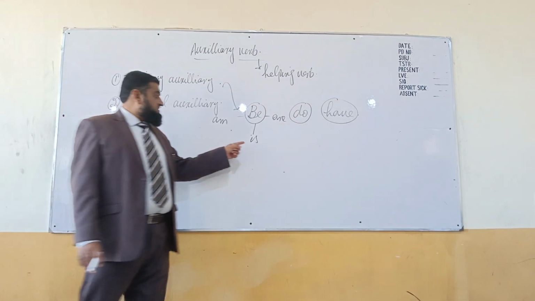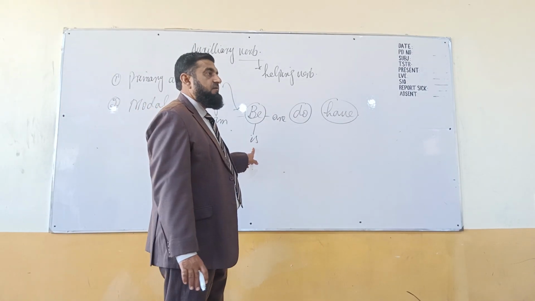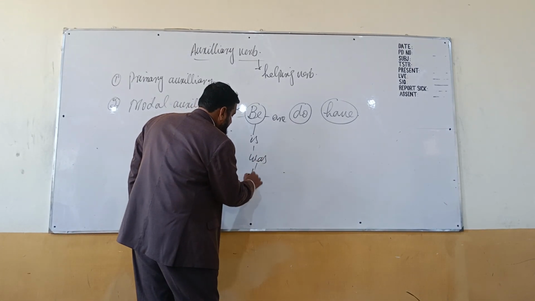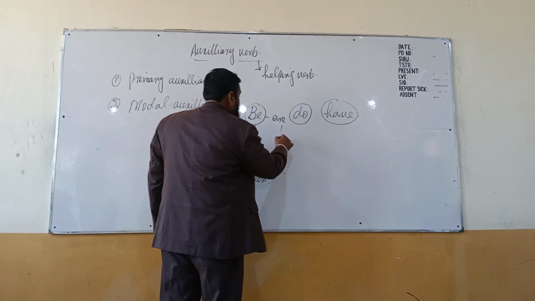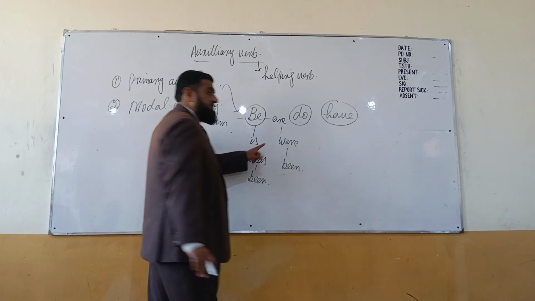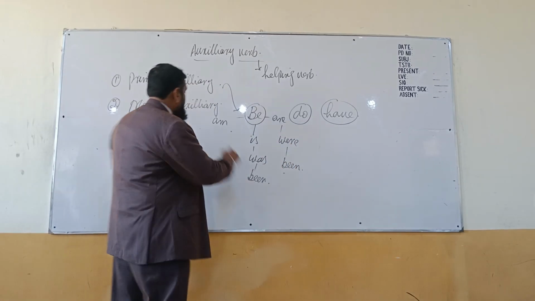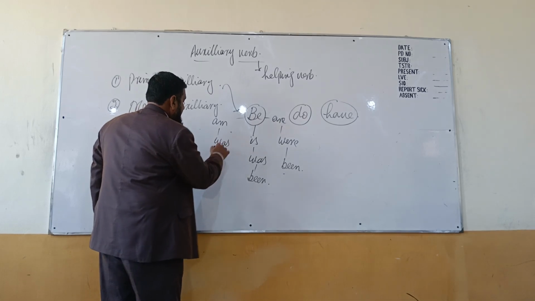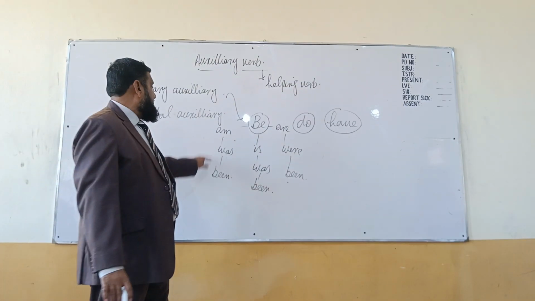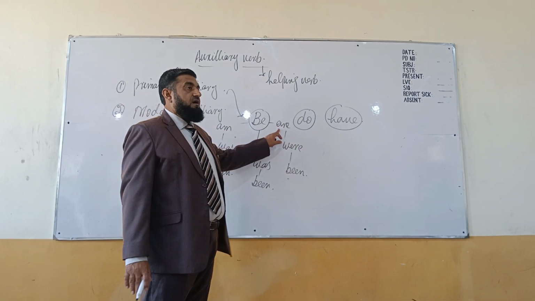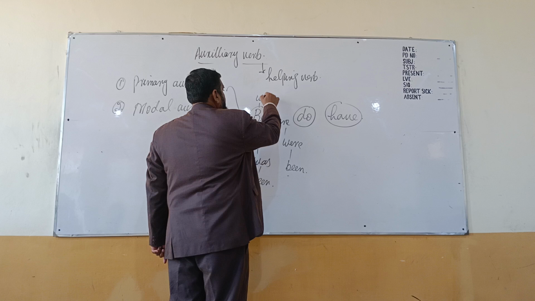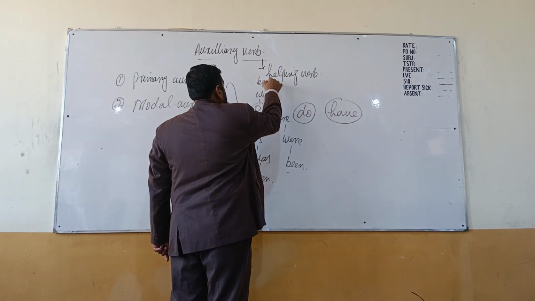Then there are derivational forms. The derivational forms of is, am, are are was, were, and be. And then be contains the forms was and being.